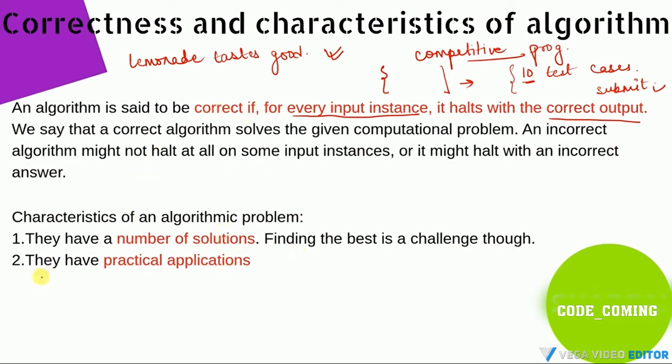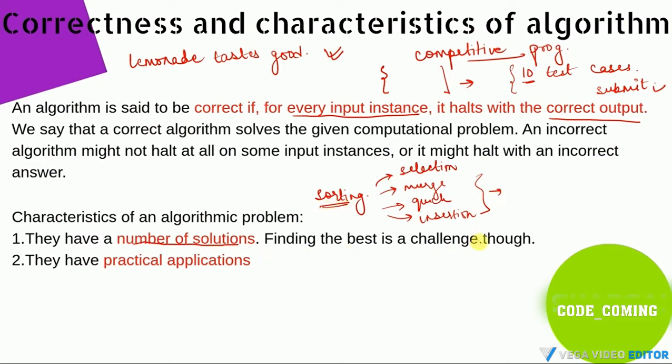Moving on to characteristics of an algorithm, they have a number of solutions. Number of solutions meaning, let us consider a sorting problem. If you are aware of sorting problems, there are a number of sorts such as selection sort, merge sort, quick sort, insertion sort, etc. And all work differently, but they solve the same problem of sorting.